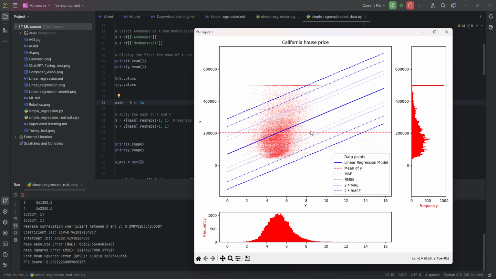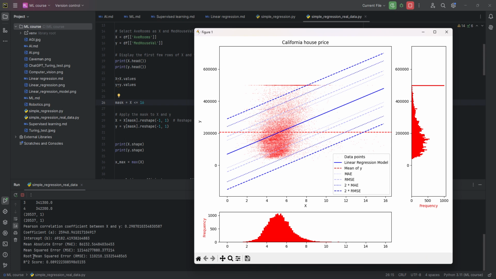And you can see that the reflection of those numbers in the graph is widening these margins that we drew before. Basically this model is completely useless for predicting house prices because the margins of error are very wide.